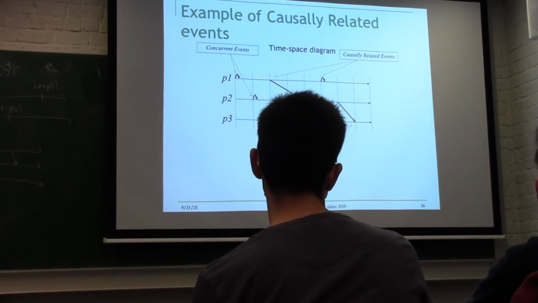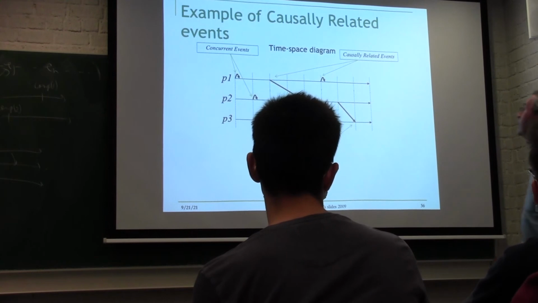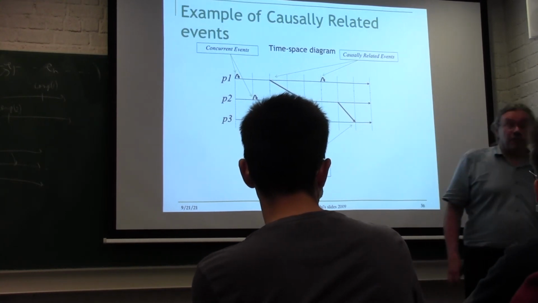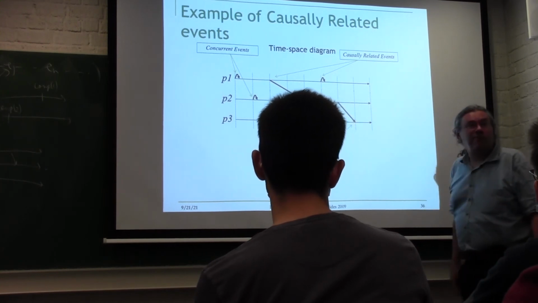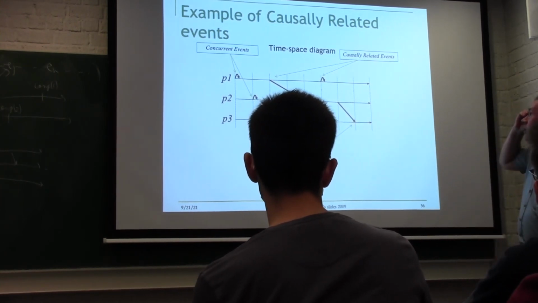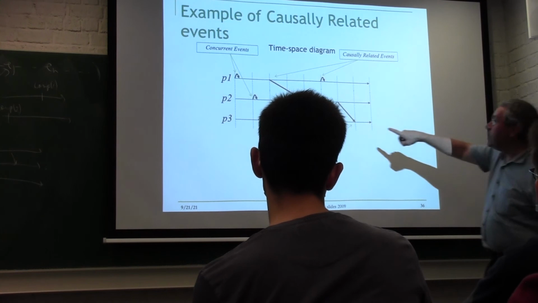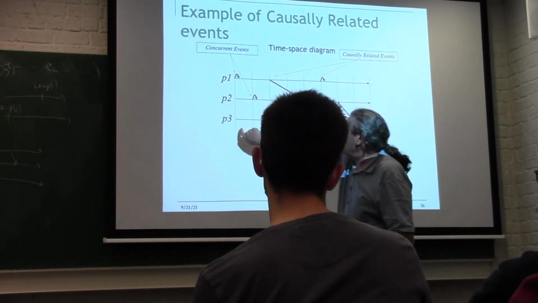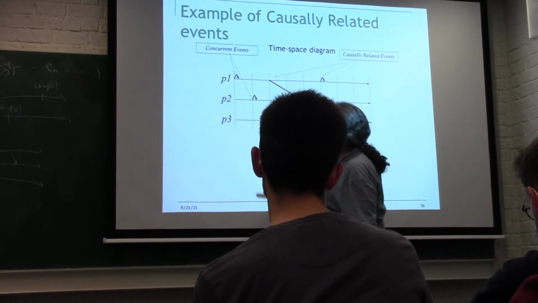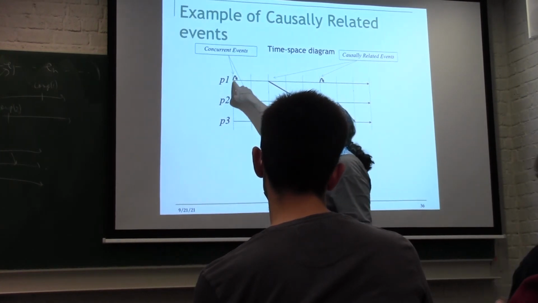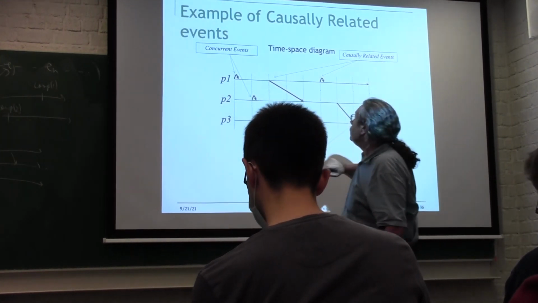People have thought about that, but I'm not going to present that here. And in most cases, it doesn't make any difference. The Earth is not big enough for it to really make a difference. So here we have three processes, and time goes from left to right. And each of these things is an event. So this little thing is a comp event. It's purely local.